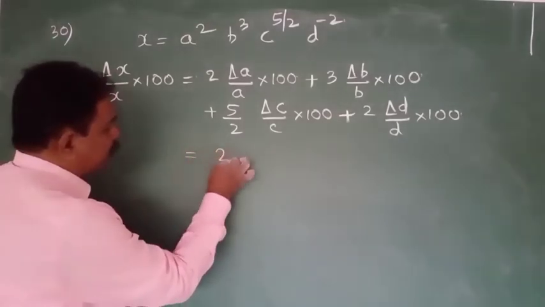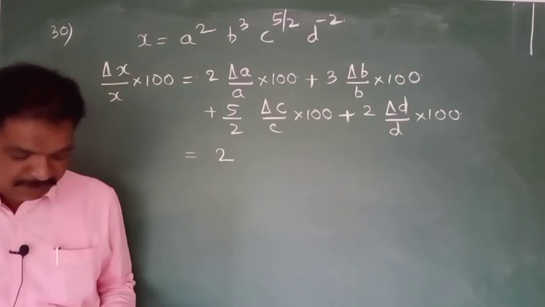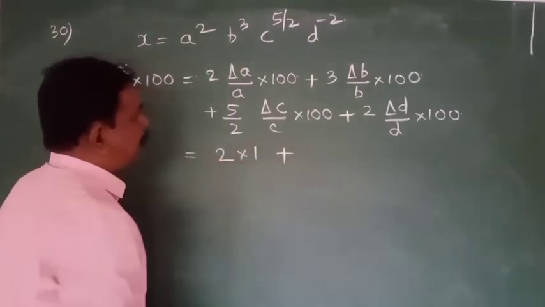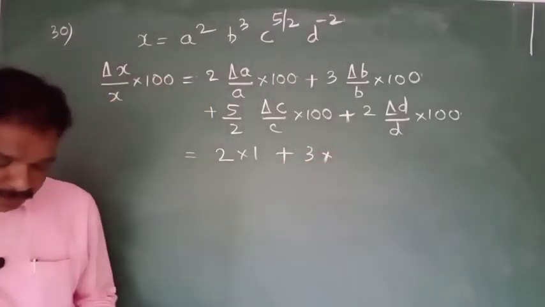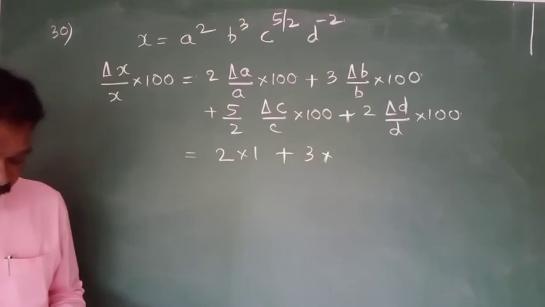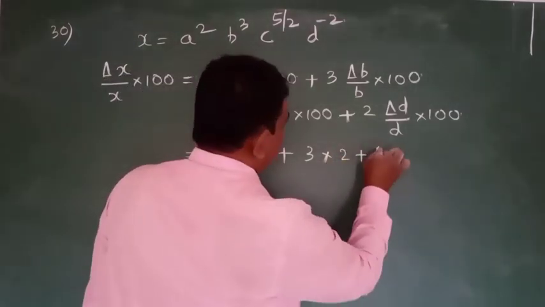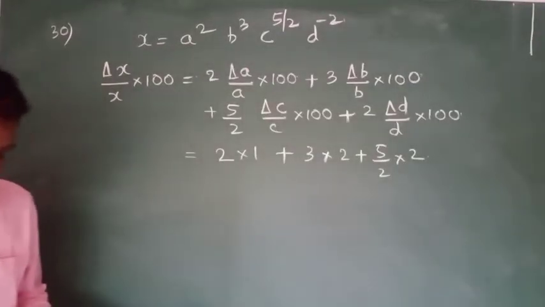So 2, error in the measurement of A they gave as 1. So 2 into 1 plus 3 into error in the measurement of B, which is 2%. Next, error in the measurement of C is also 2%.